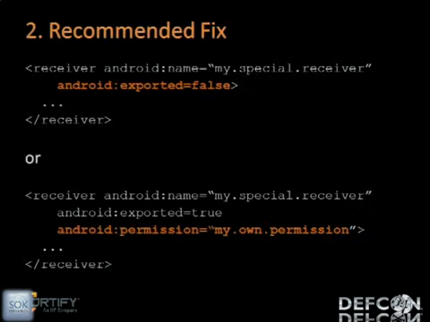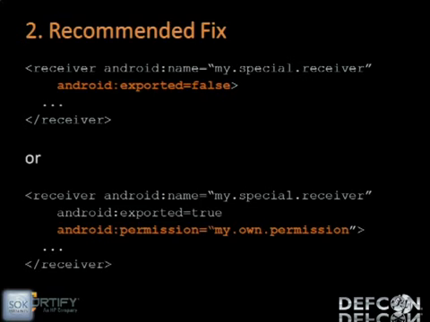So our recommended fix for this problem is to use the exported flag when declaring components and explicitly make the component public or private. Even if you don't need to, always make it explicitly stated, and make it private whenever possible.